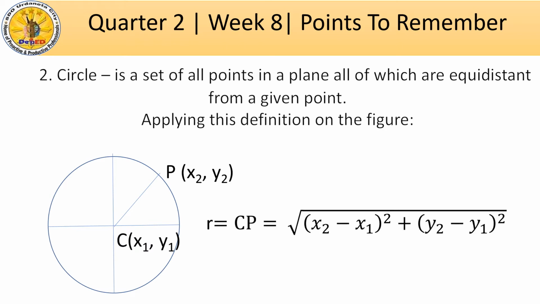So CP is a radius. Then applying the distance formula, we have r is equal to CP, which is equal to the square root of the sum of the quantity x sub 2 minus x sub 1 squared and the quantity y sub 2 minus y sub 1 squared.